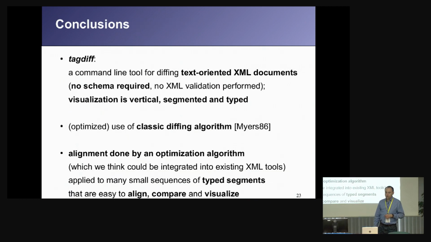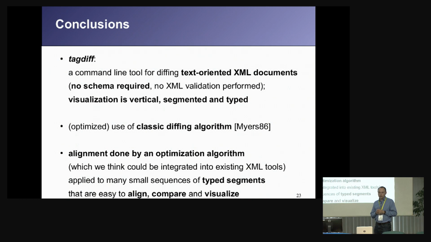I will now conclude. I have told you about Tagdiff, which is a command line tool for diffing text-oriented XML documents where no schema is required and where no validation is performed. Visualization is vertical, segmented, and typed.